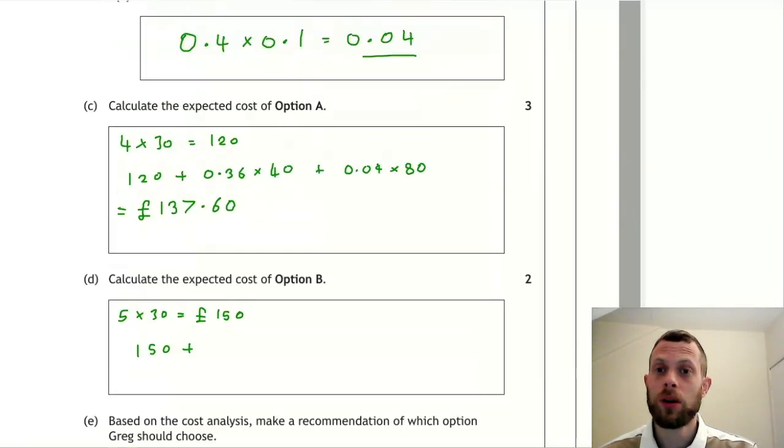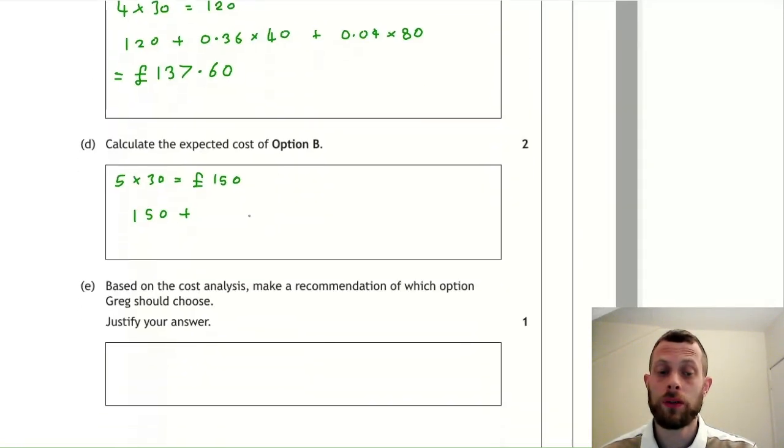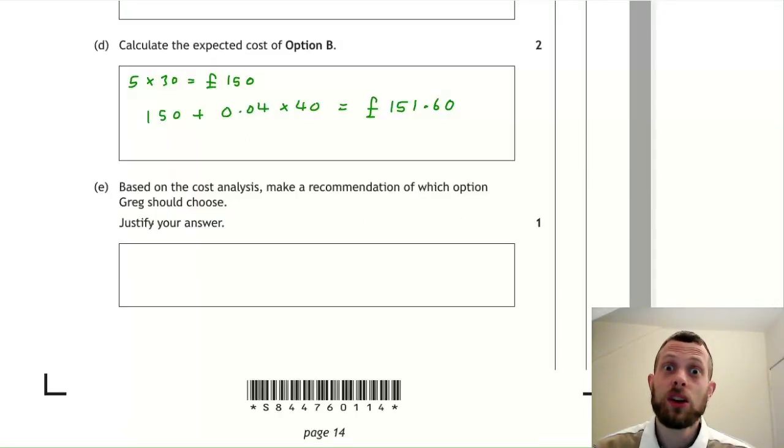We worked out in part B that's a 0.04 chance of needing the room for 6 weeks, and if we do need the room for 6 weeks, it's just 1 extra week on top of the 5 weeks we've already paid for, so that's only £40 extra we need to pay. And when you work all this out, it's £151.60.